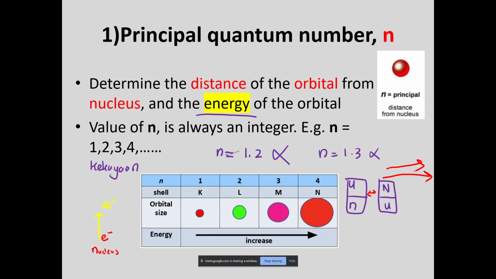So orbital size, lagi tinggi energy, n equal to 1 maksudnya energy dia rendah lah, n equal to 2 energy dia tinggi, 3, okay, so energy dia increase as n increase. So lagi jauh lah elektron tu boleh duduk daripada nukleus, dia boleh berpisah dengan jarak yang jauh. So orbital kita besar. Faham so far?